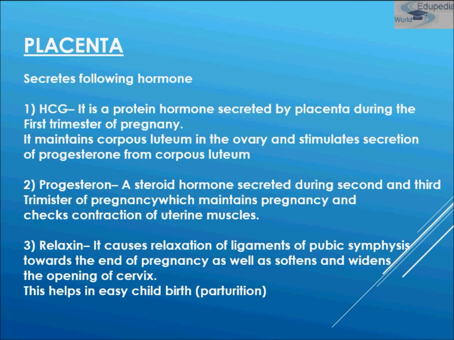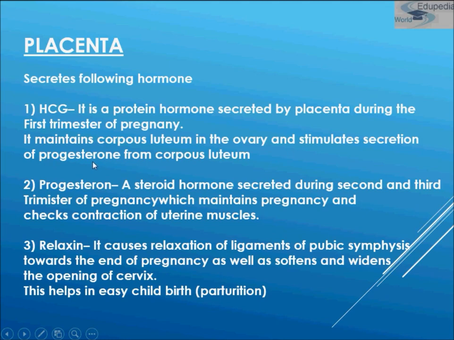I have already taught you about the progesterone hormone when I was teaching you about the ovaries. Okay, what is progesterone? Progesterone is a hormone which is secreted by the corpus luteum in females. It is a progestational hormone that maintains pregnancy.